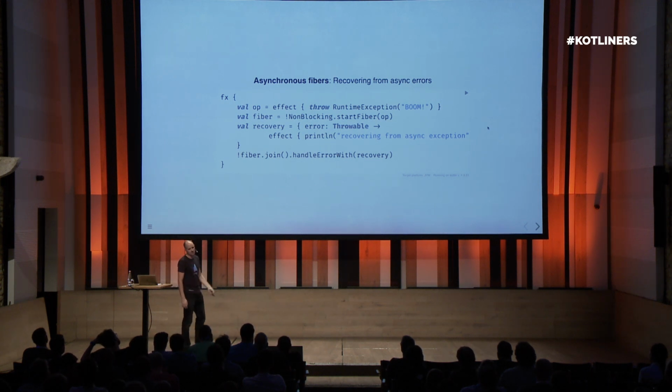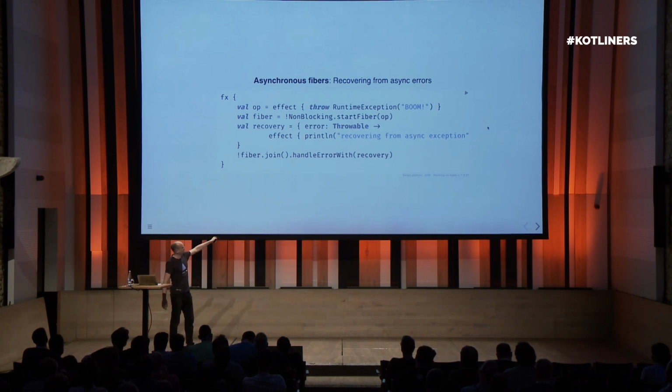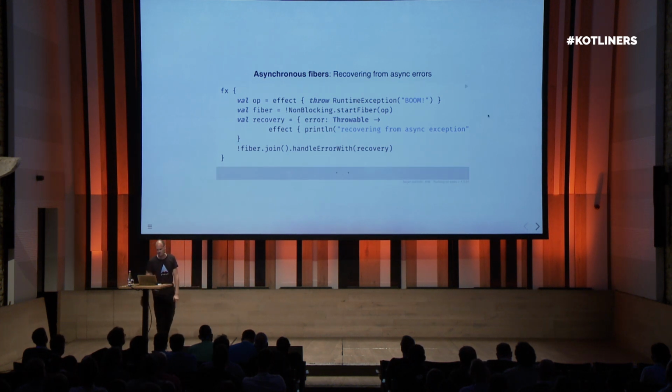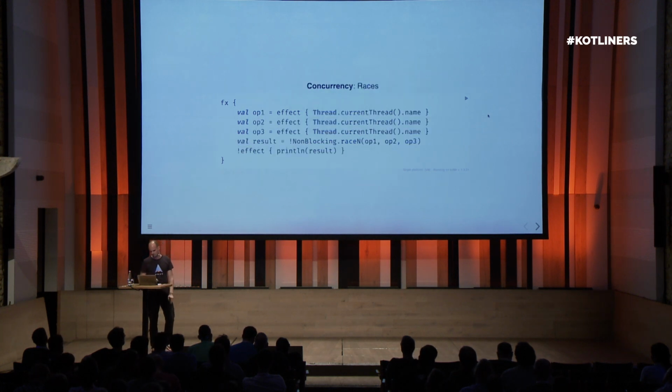And then if that operation throws, it doesn't matter, because we can hook an error handling strategy to our fiber, to our operation, which is going to be called. It's a lambda that is going to be called if the computation in the fiber actually fails. As you can see, we are recovering from that error.